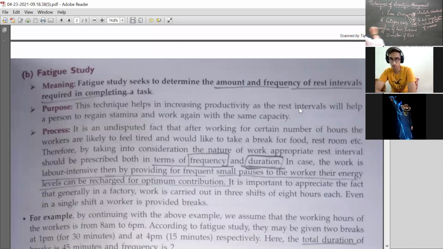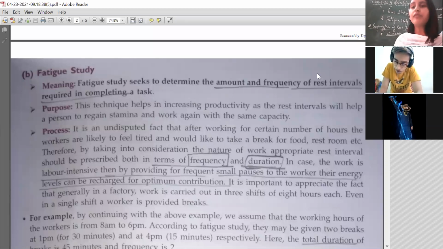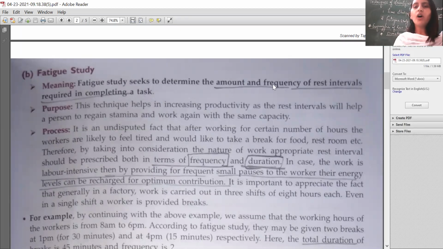So these 2 words will be keywords to identify that this is a question of fatigue study. It is number 1, frequency of rest interval, and the other one is duration of rest interval. Now frequency means how many times you need rest, and duration means for how long you are going to take rest.